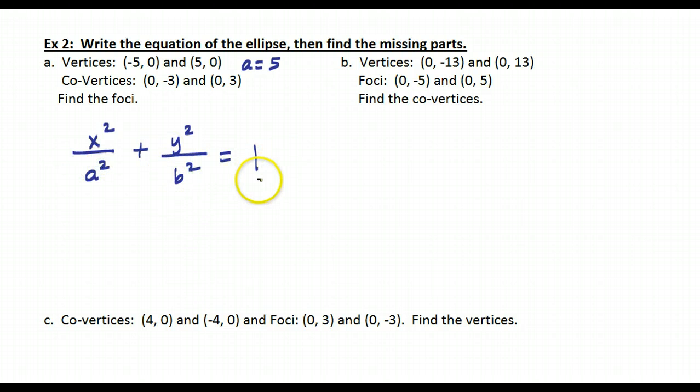This was the equation. a squared is 5 squared, so I'll put 25 there. And the co-vertices are at 3, and that's b, and that's a y value, so it goes with y. 3 squared is 9. That's my equation. We're also supposed to find the missing parts, and in this situation, my missing parts are the foci, or the focus points.